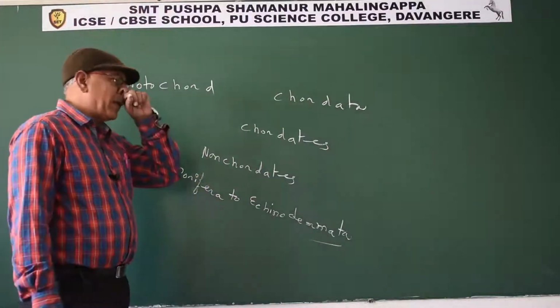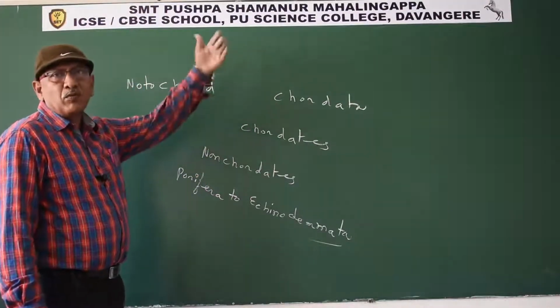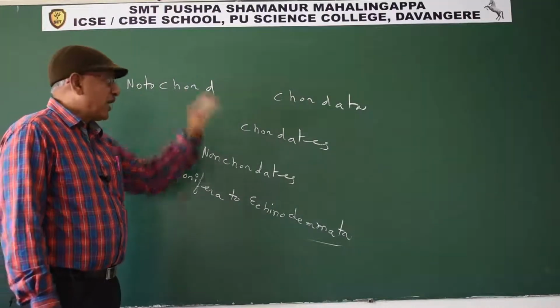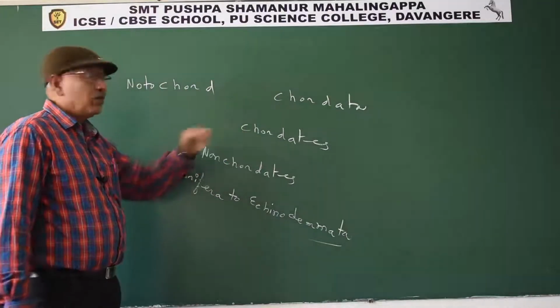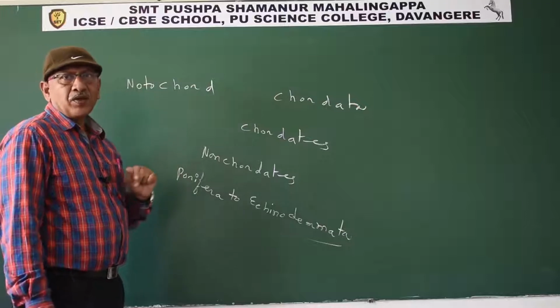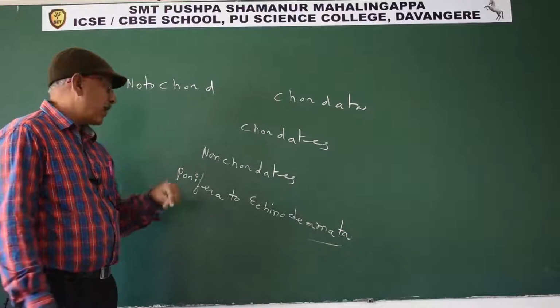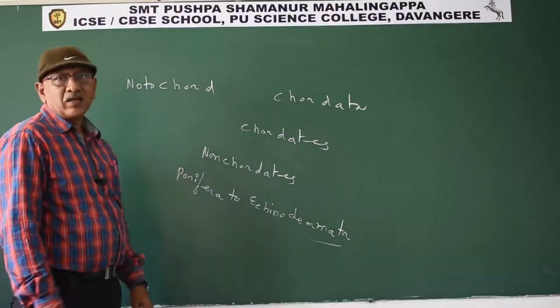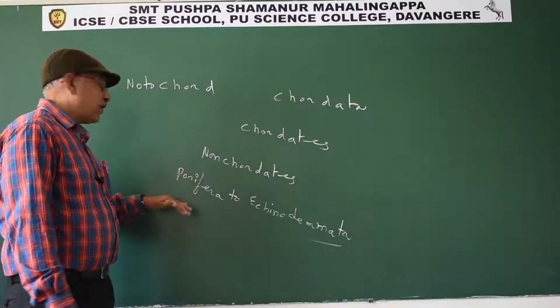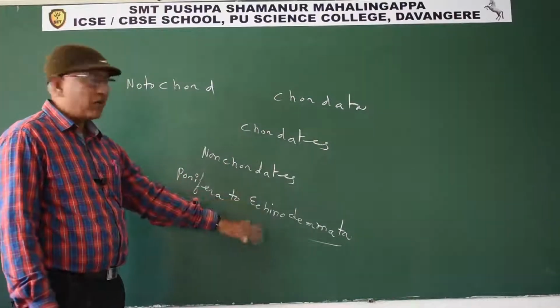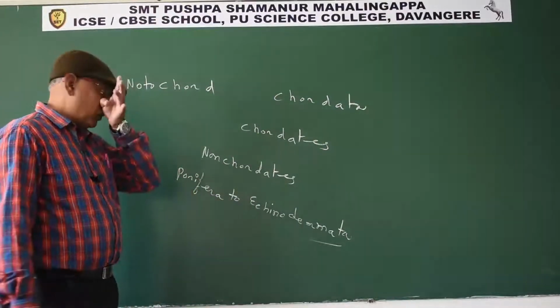Notochord is present in embryonic stage of most chordates. Animals having notochord are known as chordates. Animals without notochord at any stage in their lifespan are known as non-chordates. Members of phylum Porifera to Echinodermata are non-chordates.